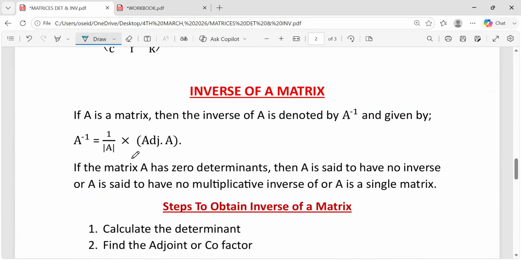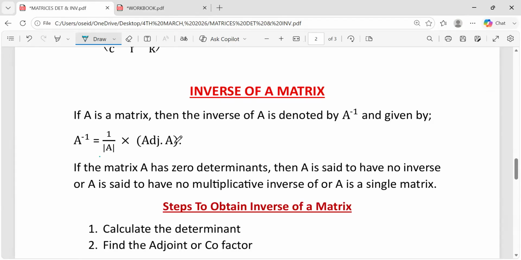So we say that if A is a matrix, then the inverse of A is denoted by A exponent -1, and given by A exponent -1 equals 1 over det A times the adjoint.